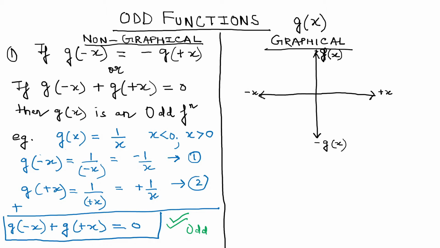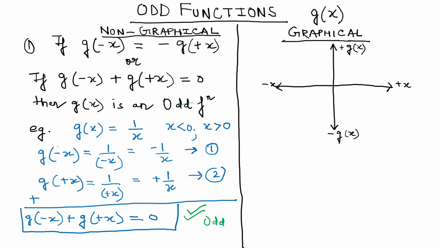We know this, and now let us try and understand, when we are plotting this non-graphical piece of information graphically, let us assume a point. This is a point that I am assuming, and here I am treating the function as a point function. So this would be plus times g of plus x.